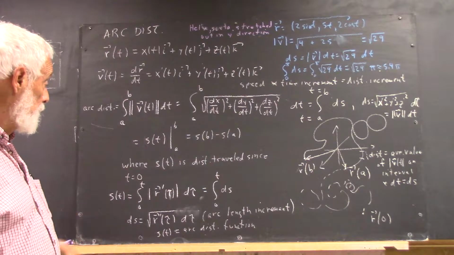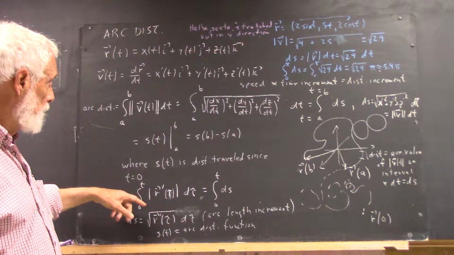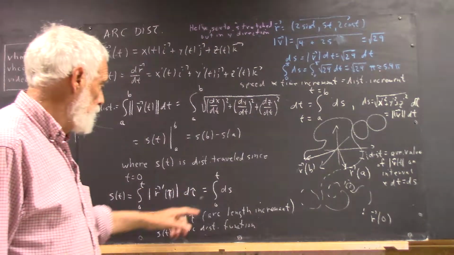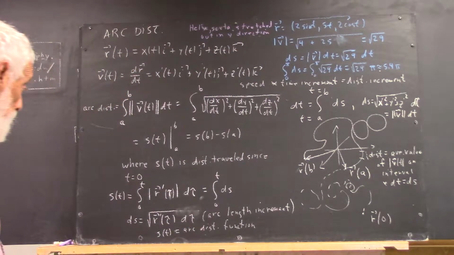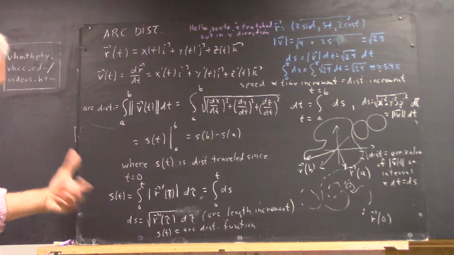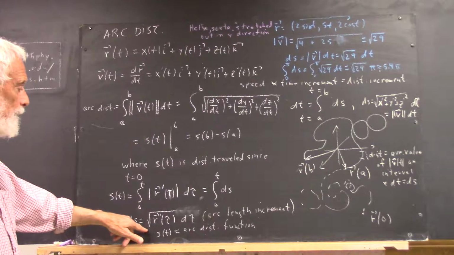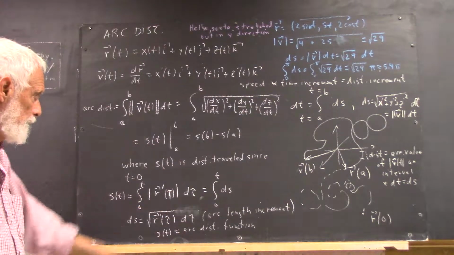So S of t is the integral from 0 to t of the magnitude of r prime of tau d tau, and that's the integral from 0 to t of ds.